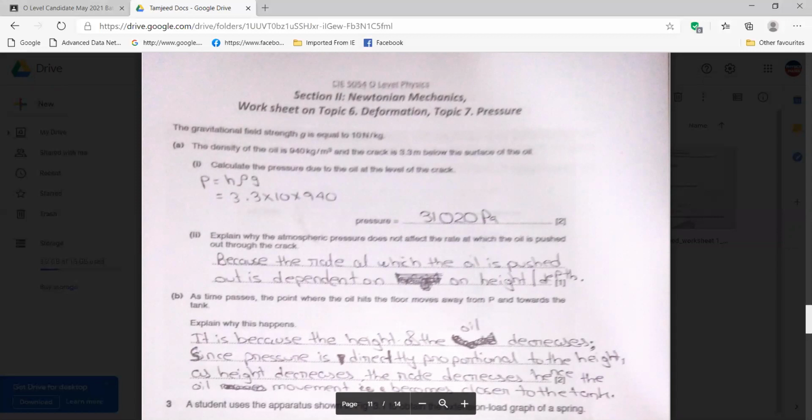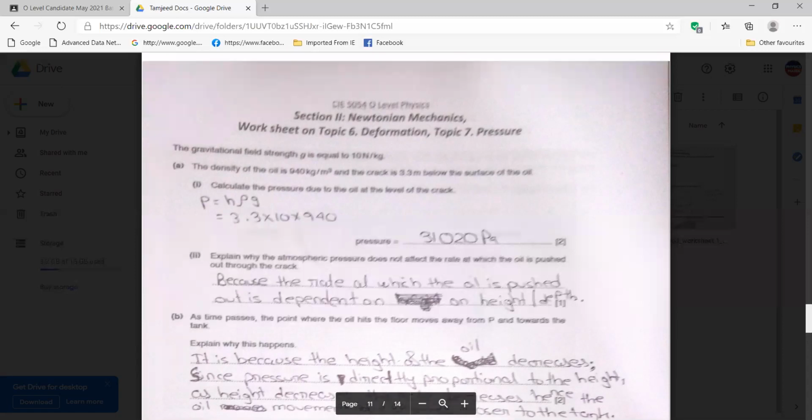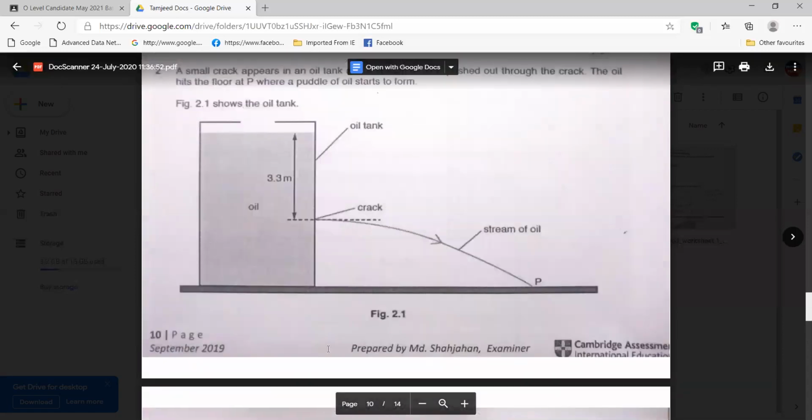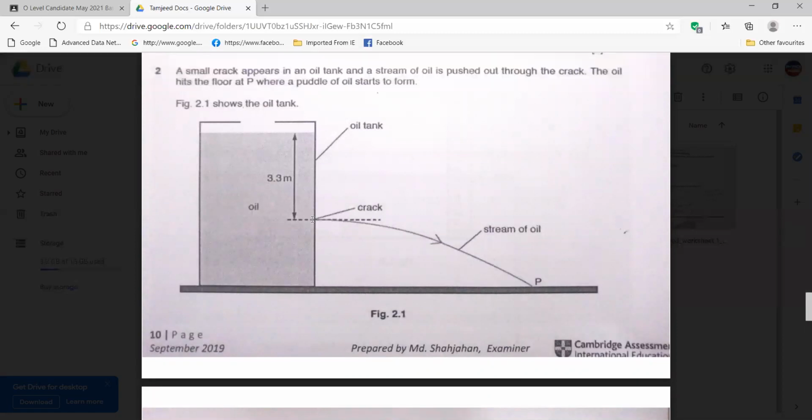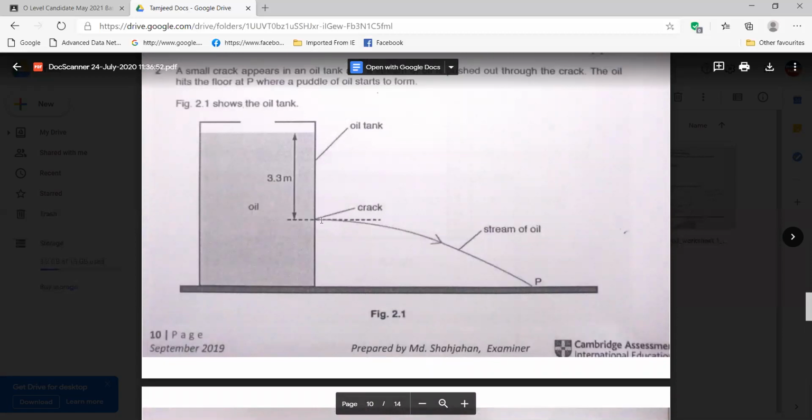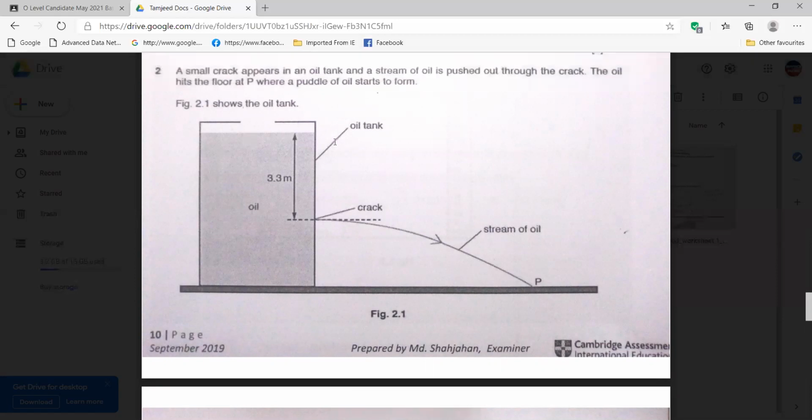So in both sides we have atmospheric pressure, working at the crack. Here we have liquid pressure plus atmospheric pressure, and this side we have atmospheric pressure.